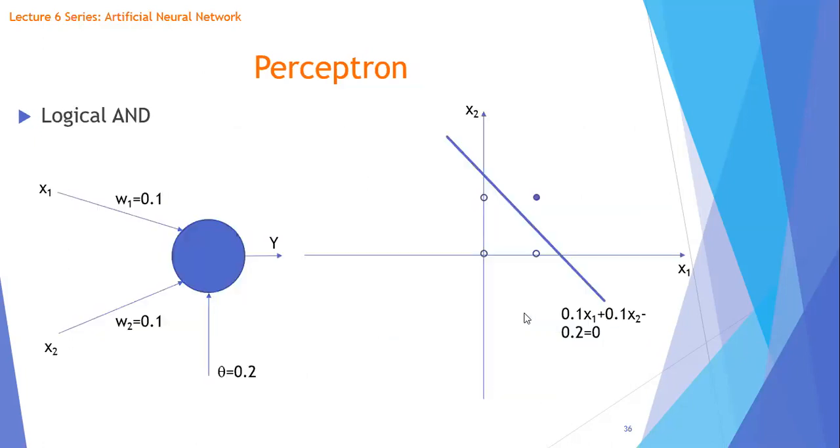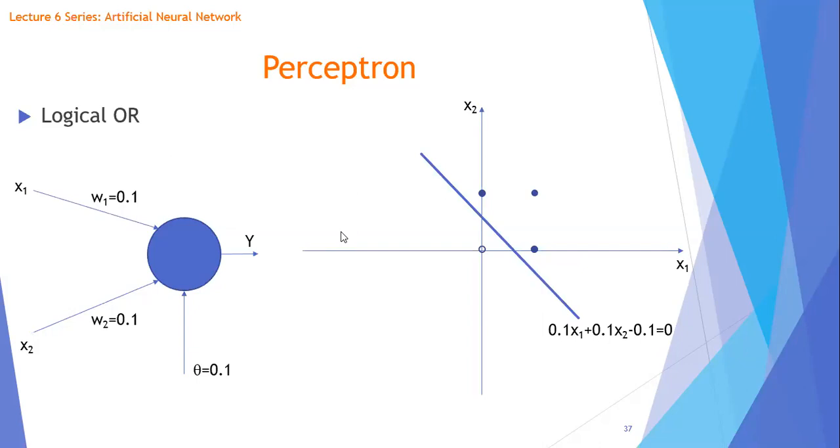Now let's look at the OR. So the OR, we've said in this case we have 3 instances which are of class 1 and only 1 instance which is class 0. This is when x1 and x2 are both 0. And then when you have all the other 3 combinations, when x1 is 0 and x2 is 1, or x1 is 1 and x2 is 0, you get a 1.